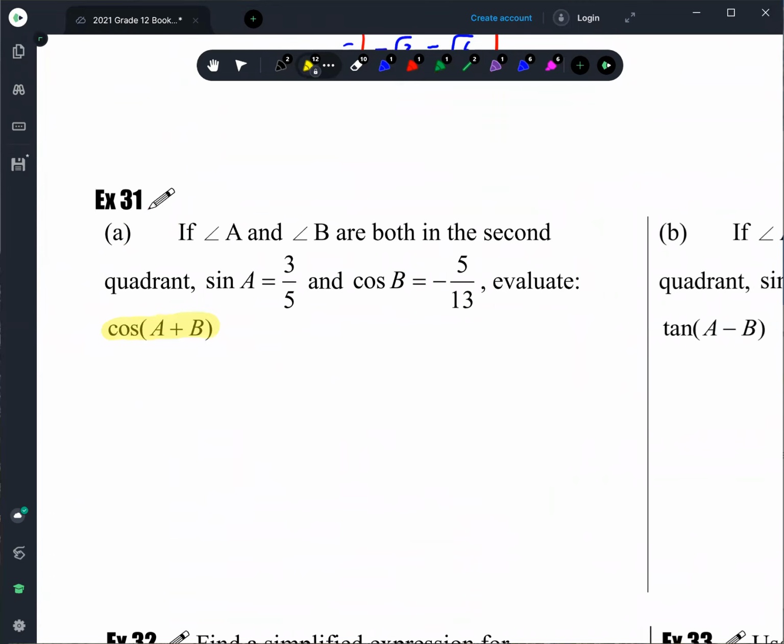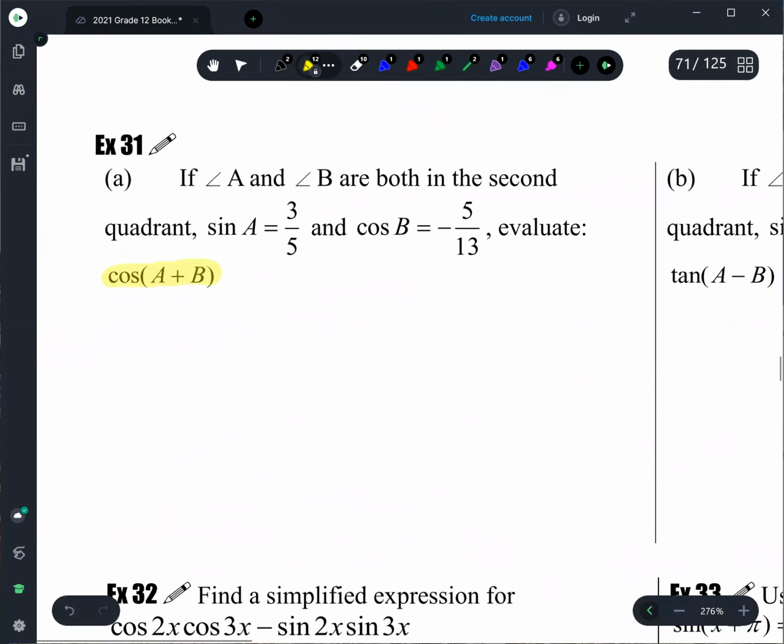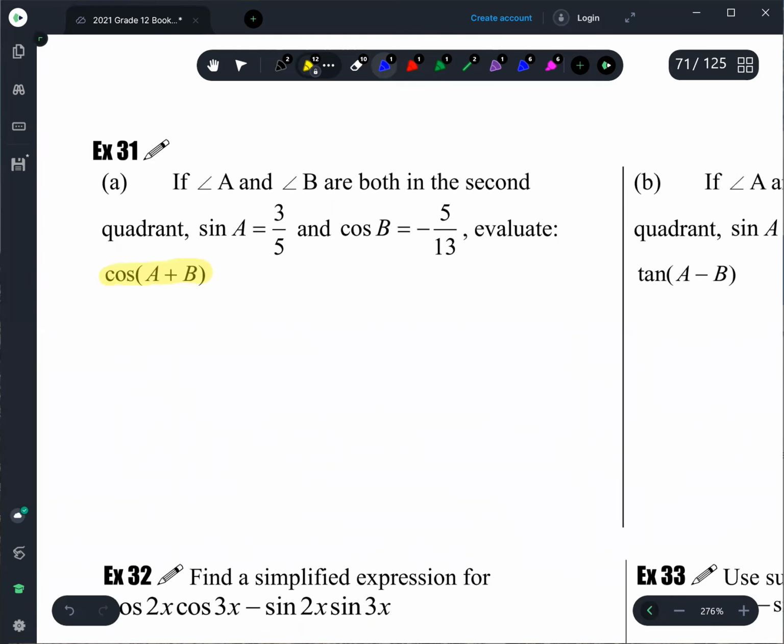Marcus, do you know any angle in here? The 3/5. Is 3/5 the angle? Can you change it?